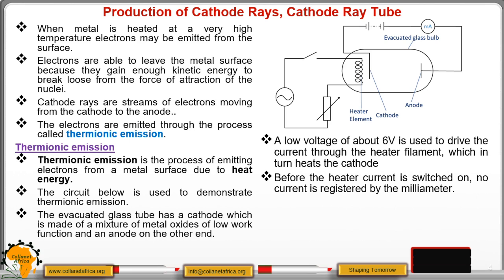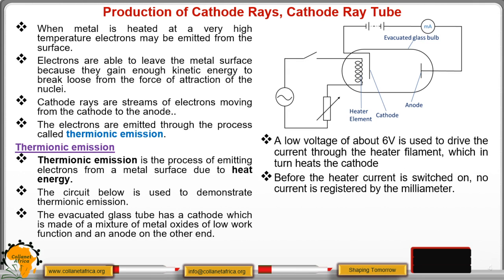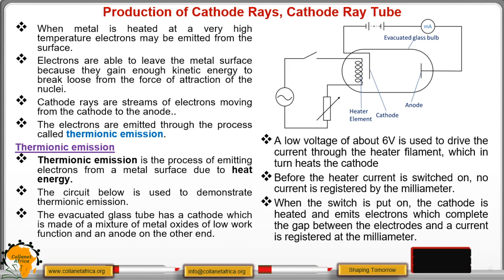Before the heater current is switched on, remember we are supposed to observe what is happening in our milliammeter. So before this switch is on, the milliammeter has no effect, or there is no deflection. There is no current being registered. But when the heater current is on, that is, the switch is switched on here, we find that there is current being registered in our milliammeter.